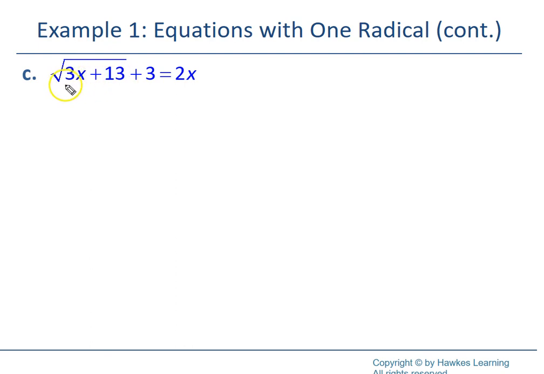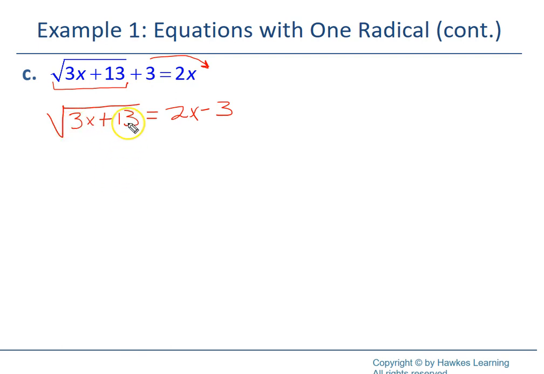So to isolate this part here, I have to take this positive 3, transpose it to the other side, where it will become a negative 3. So let's do that. So we have the square root of 3x plus 13 equals 2x, transposing that, a negative 3, or just subtracting 3 from both sides here.